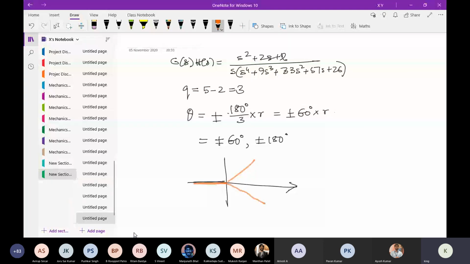So coming back to what I was saying, these are the angles that you will have: 60 degrees. So what this tells me is, whatever be the case, either I am going to see my root locus like this or this.